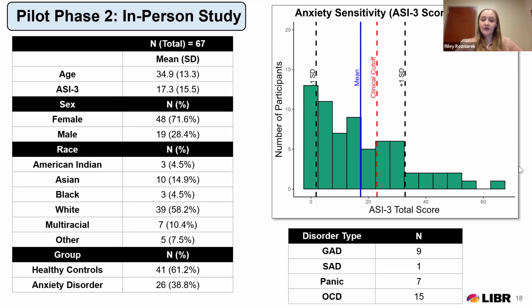And then for the different anxiety disorders that we had within this population, there were 9 with generalized anxiety disorder, 1 with social anxiety disorder, 7 with panic, and 15 with OCD. This does include individuals who had more than one disorder at a time.